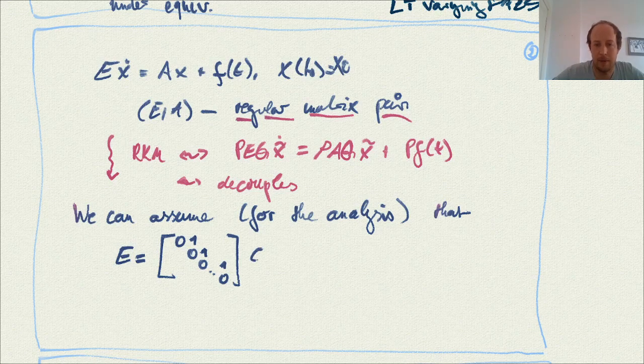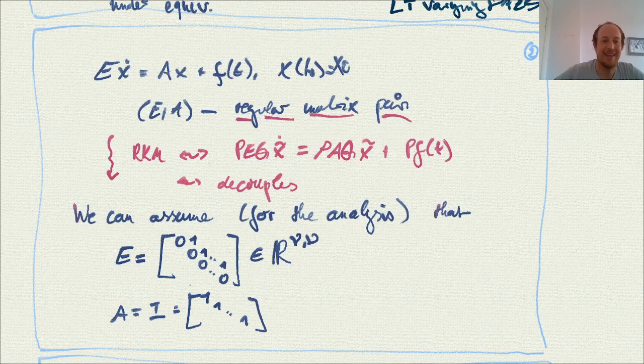So E is this matrix in R to the nu times nu, and this nu is directly the index of this matrix. We can assume that A is the identity, just as a reminder, the identity in R to the nu times nu.